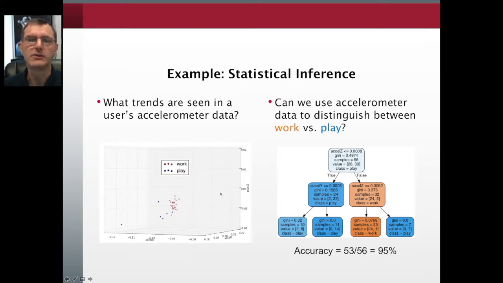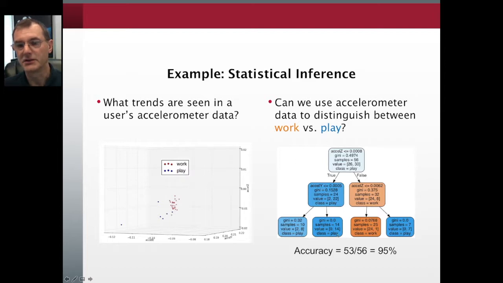We might also want to see if we can learn to predict what activity the user is doing based on their accelerometer data. So one way of doing that is to try to learn a decision tree that asks questions about the different values of the sensors and then concludes a prediction of what activity they're doing.